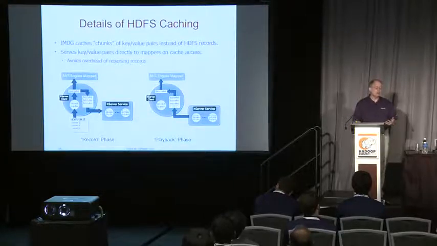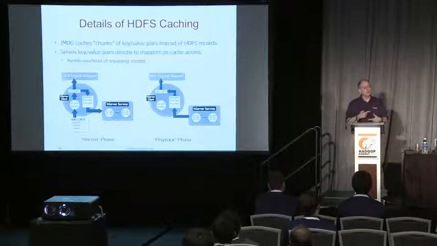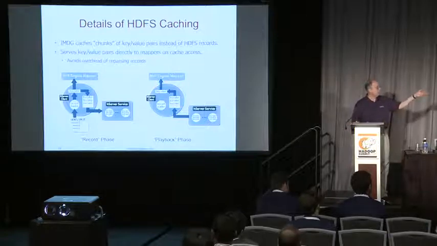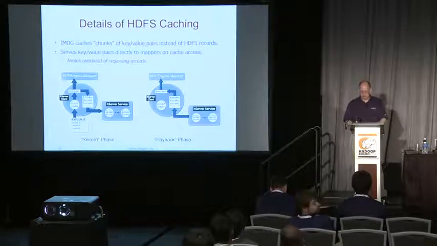As a result, you can dramatically speed up access to HDFS when you do the same job multiple times on a given dataset. Pipelining of the chunks is used both in the record phase, to store the data in the grid, and in what we call the playback phase, to move the data into the mappers. And because it's key value pairs and not HDFS records, you avoid having to reparse those records to create the key value pairs.